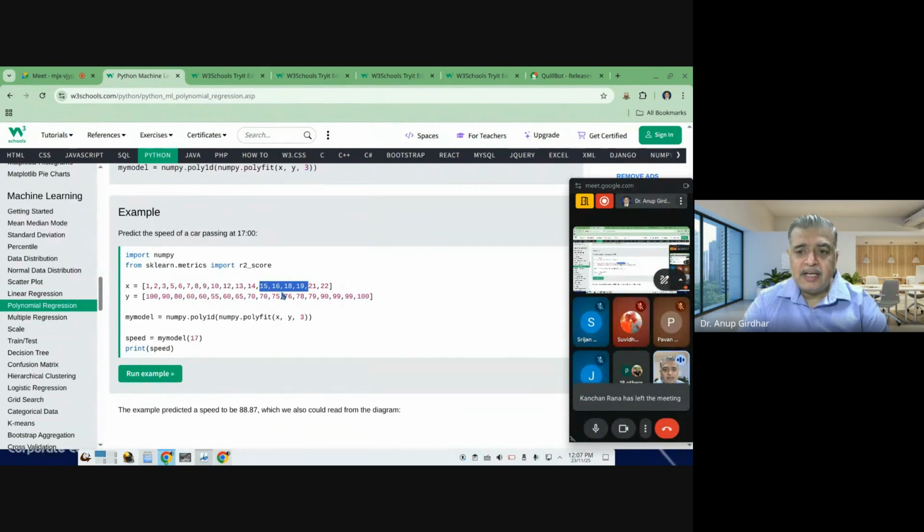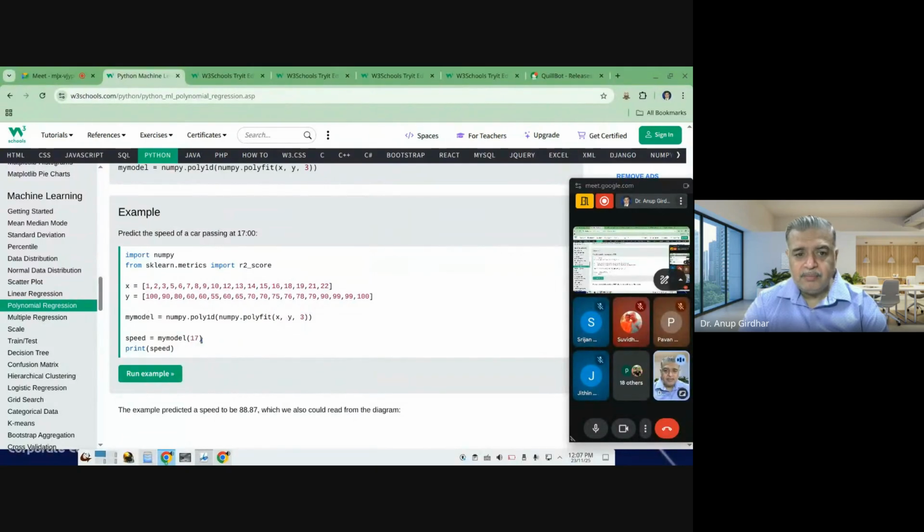Any missing value on which you want to predict, let's say we don't have 23 or 24 or something like that. So let's say value 17 is missing. If 17 is missing and I want to predict what would be the value for 17, where the value of x is 17, then the prediction comes according to the data set.